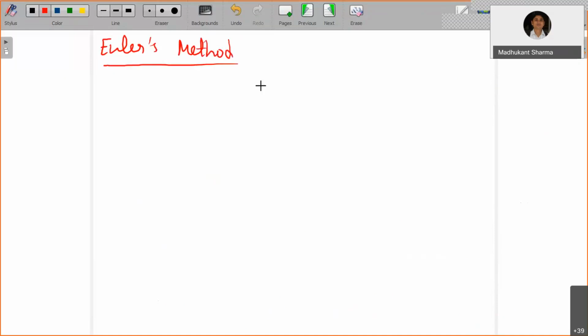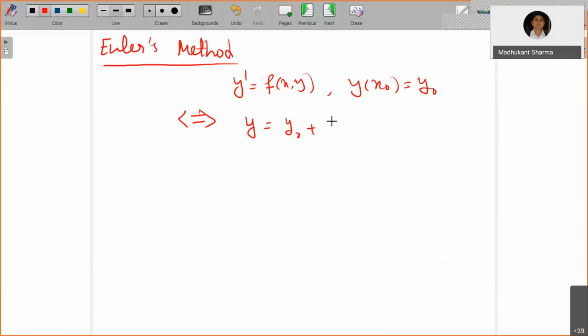Now for solving y dash equals f of x, y with y at x naught equals y naught, you know the equivalent representation in integral form is y naught plus integration x naught to x of f of x comma y dx.